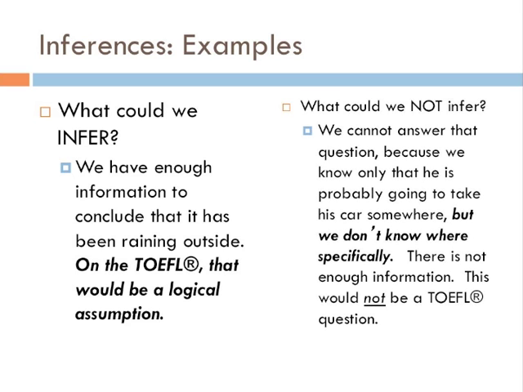But on the right side, in real life, we could probably infer lots of things, especially if we knew the person. But on a test such as the TOEFL, we really can't answer that question because there are just too many possibilities. We know that he's going somewhere in his car, but we don't know where specifically. So in this case on the TOEFL, there's not enough information, and this would not be considered a TOEFL-like question or situation.